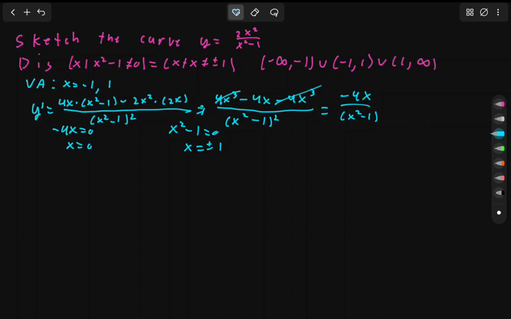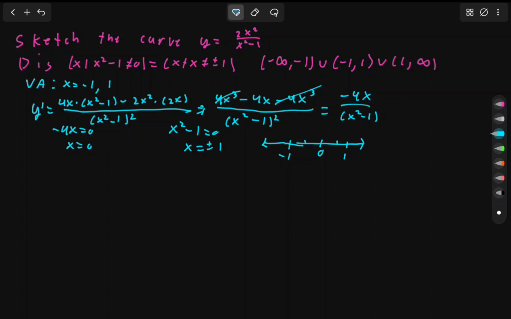Well, we are now going to use our very handy number line, going from 0, -1 to 1. I suppose I should make that a bit wider. Now that we have the number line sketched, we're going to plug in a value.